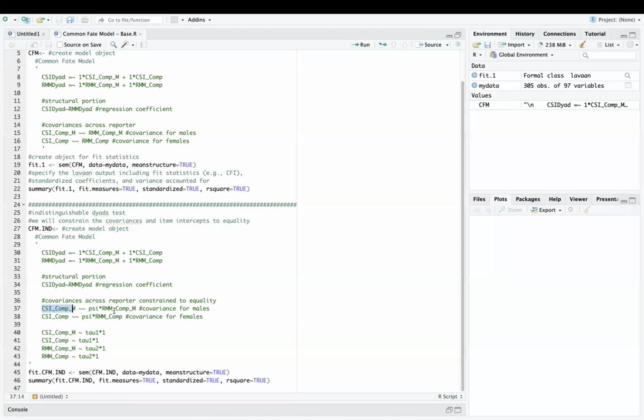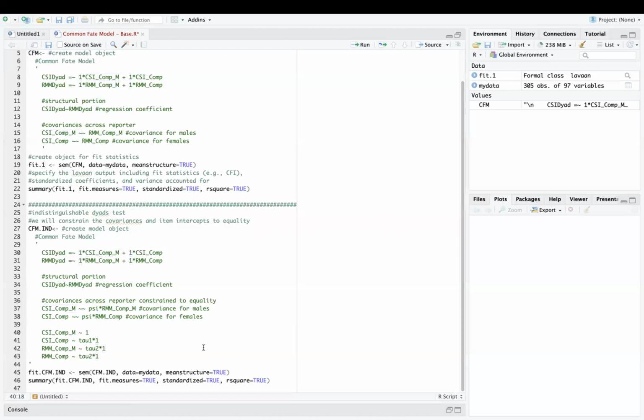For covariances, it's pretty straightforward. When constraining intercepts, it can feel a little wonky since you're using a regression coefficient, but this is how you would do that within lavaan. If you just want to estimate the intercept, you would just have this line of syntax: you do your outcome variable and then regress it onto 1.